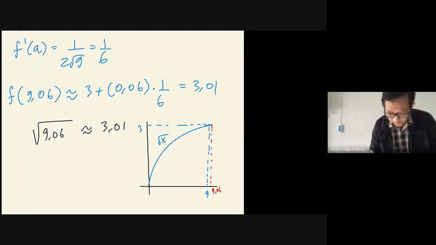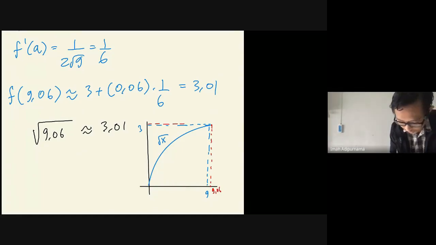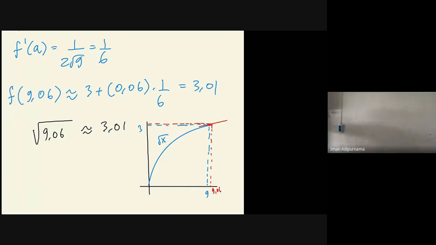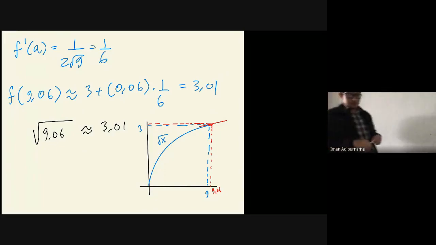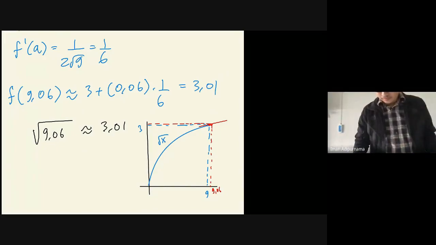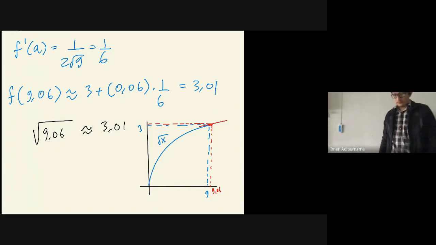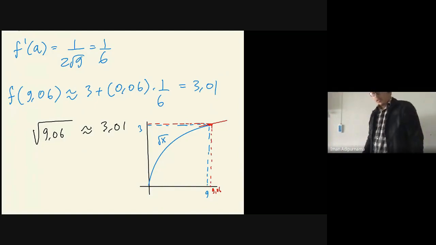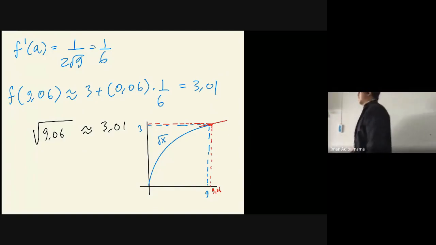This is 9.06. And actually what we are looking for is here, the tangent here. At that point, the tangent is really close in shape to the curve. This is what we call the linear approximation.